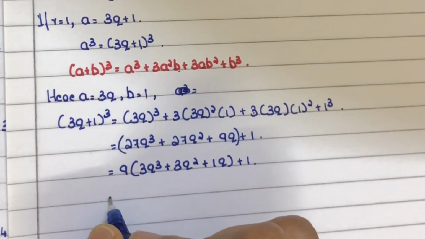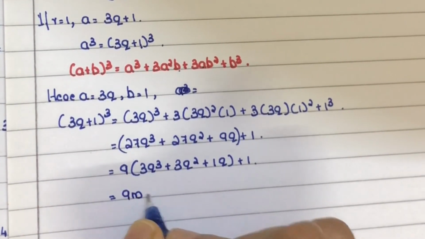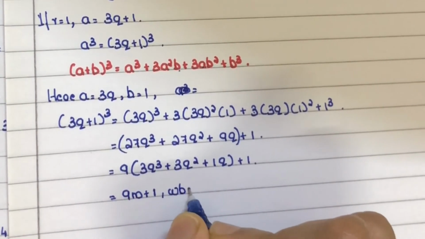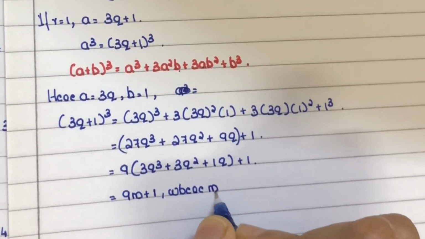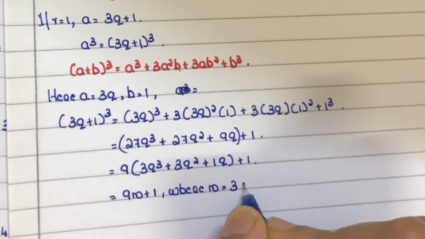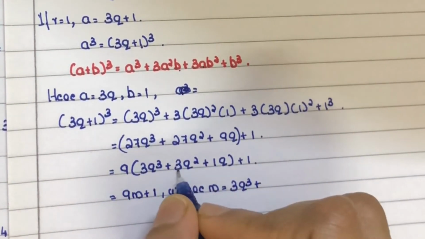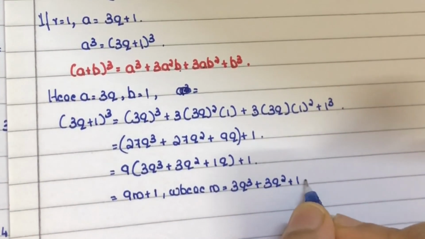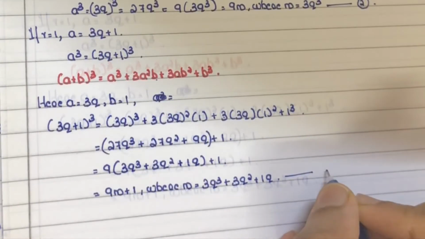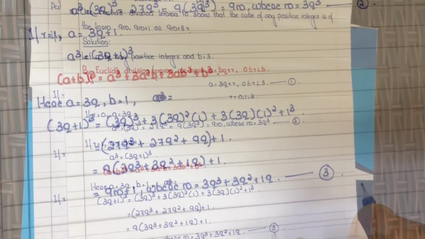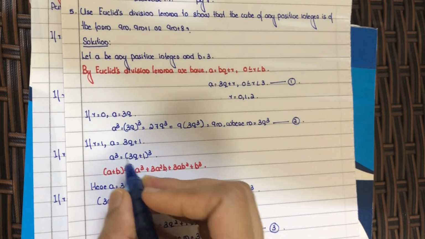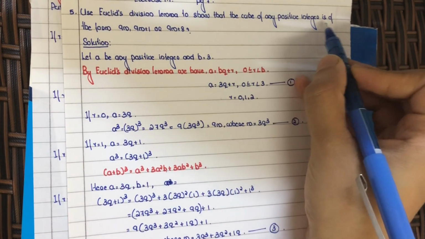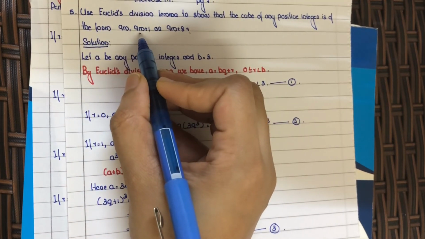This one you can write it as 9m plus 1, where m is equal to 3q cube plus 3q square plus q. Consider this as equation number 3. By this equation 3 we proved that cube of the positive integer 3q plus 1 is of the form 9m plus 1.